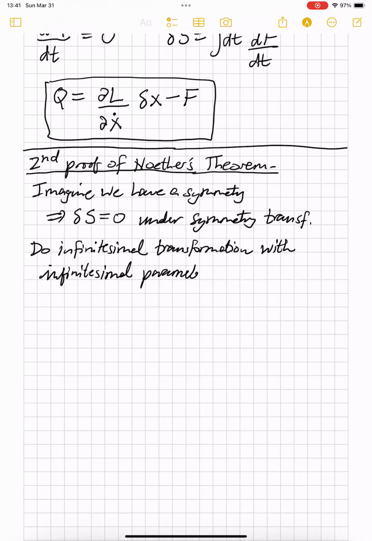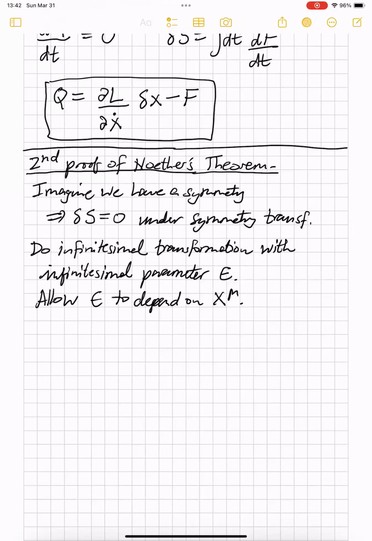So this would be the rotation angle, the boost rapidity, or the distance by which I translate. I'm going to call this some infinitesimal parameter epsilon. But I'm going to do something which perhaps looks a bit weird at first. I'm going to allow epsilon to depend on x.